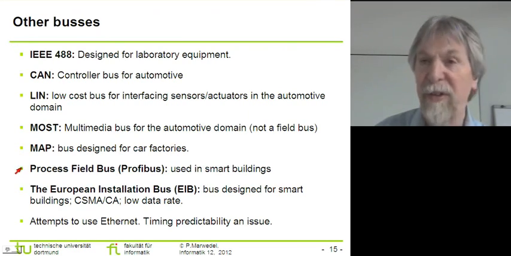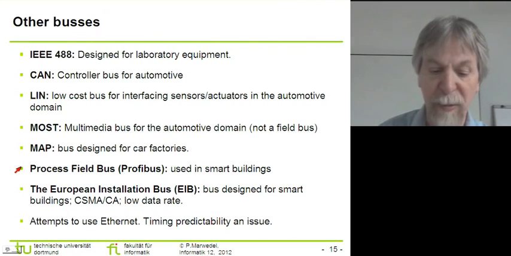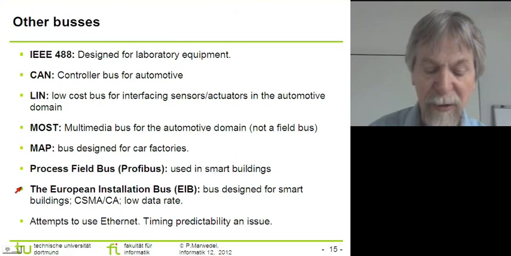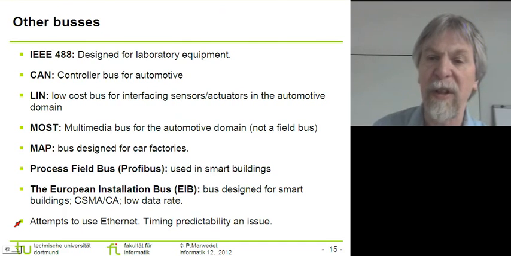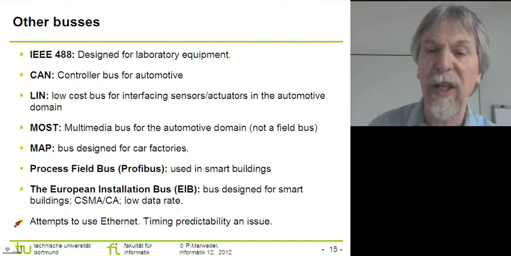Then there are buses that are designed for smart buildings and for smart homes, like the Profibus and the European Installation Bus. And in many of these cases, there have been attempts to use Ethernet.